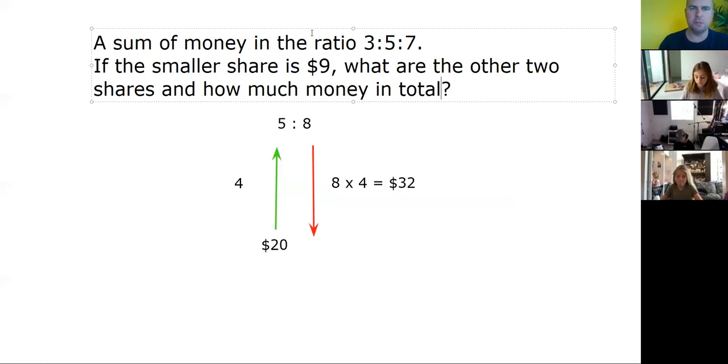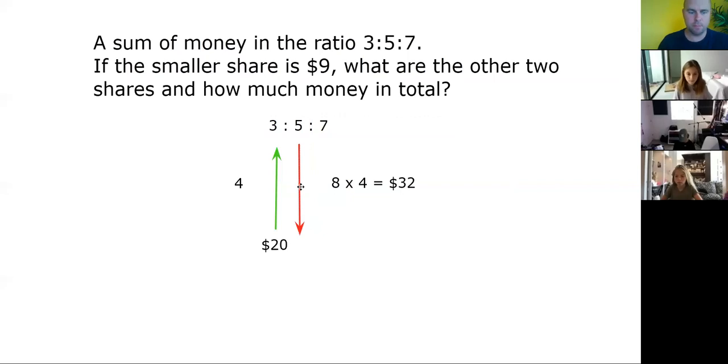Right, so let's just explain. You divide 9 by 3, which equals 3. Okay, so 3, 5, 7. You've got 3 ratios now. Okay, so we've got that one. And we have this one.